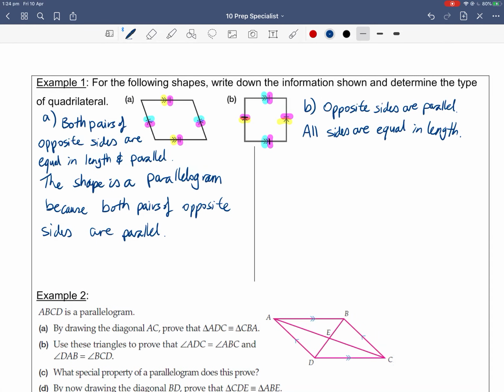So let's write that down. So back to example 1b. We observe that opposite sides are parallel and that all sides are equal in length. So opposite sides parallel means that the shape is a parallelogram.